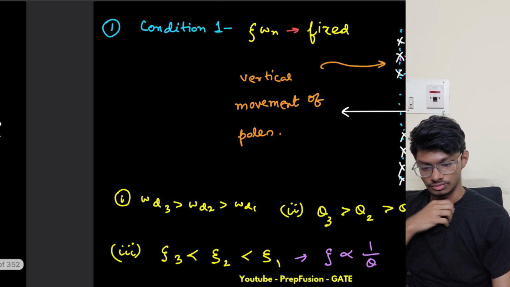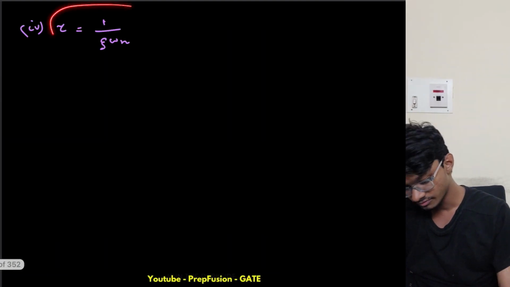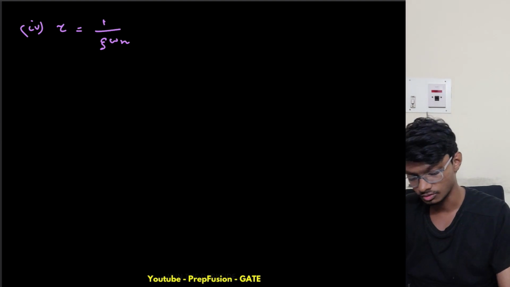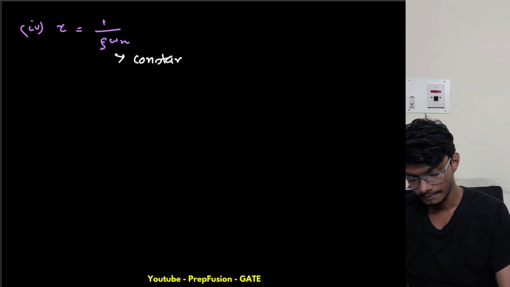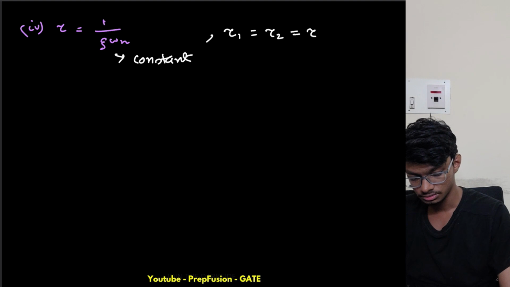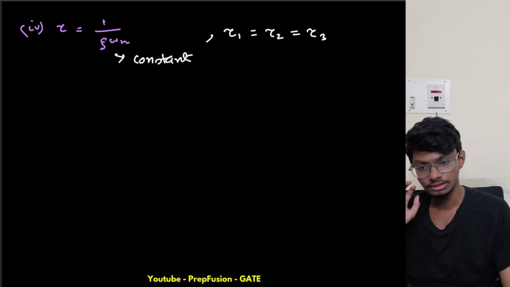So yeah, these 3 things. That was one mistake on my part. So tau is inversely proportional to zeta omega n, and this is constant, right? Now if this is constant, my tau 1 will be equal to tau 2 will be equal to tau 3, okay. So this is my tau.